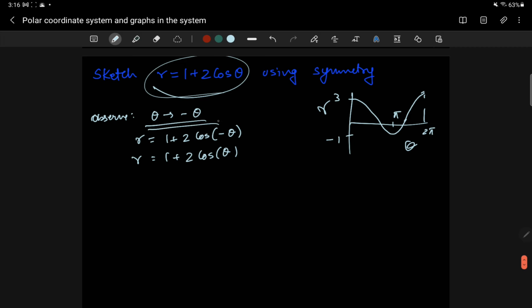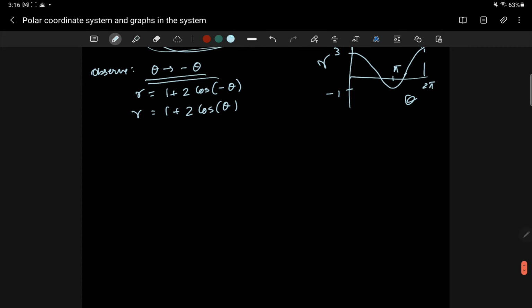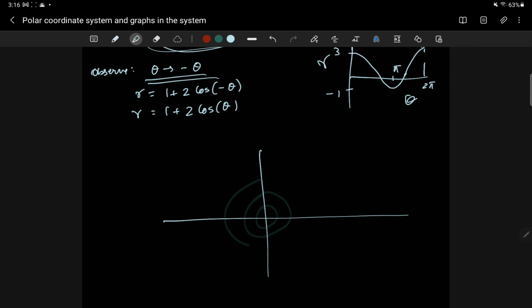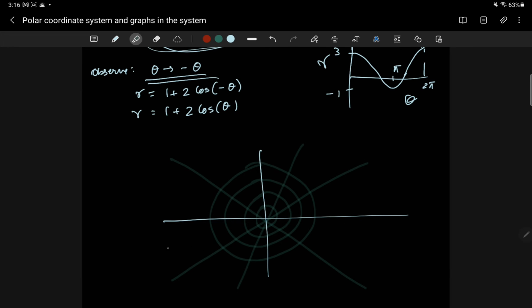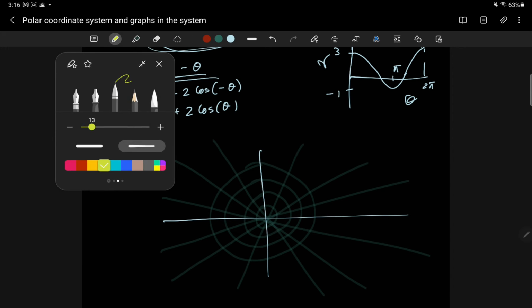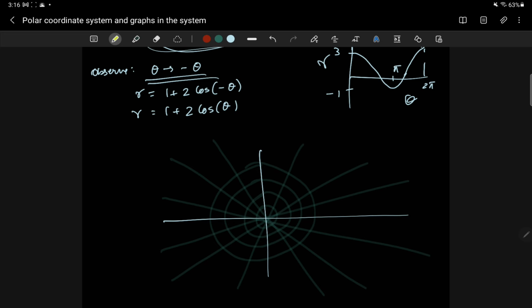Now this symmetry means that to plot the actual function, all I have to really look at is the top half. So this symmetry guarantees that I only have to look between 0 and pi.